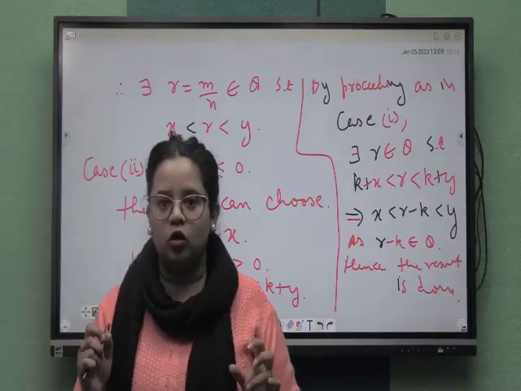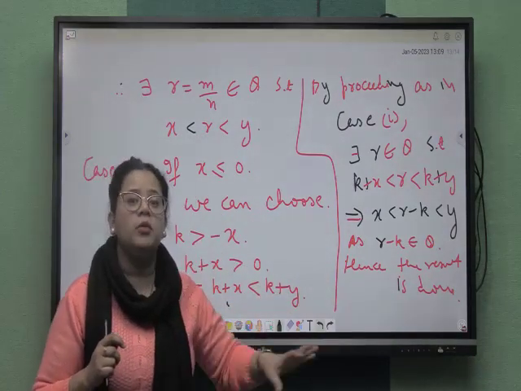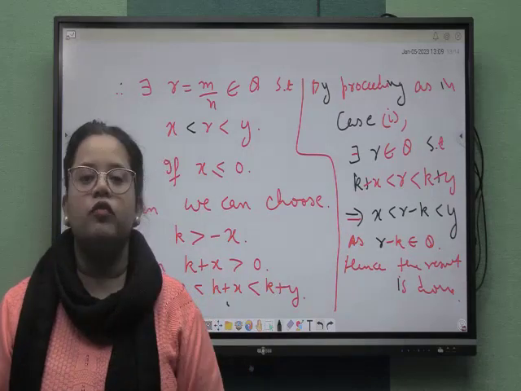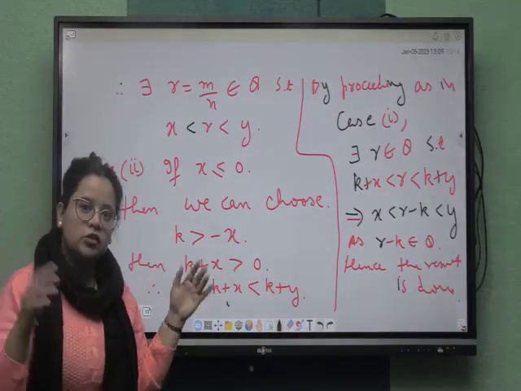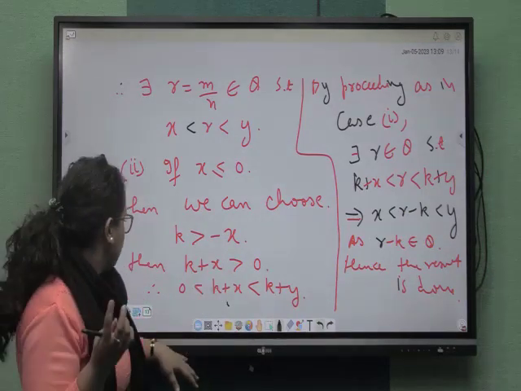Next we are going to do a corollary, for which we are going to use this density theorem. That corollary says that between any two real numbers we can also find an irrational. So that is why we have infinite rationals and infinite irrationals, because we have infinite real numbers.